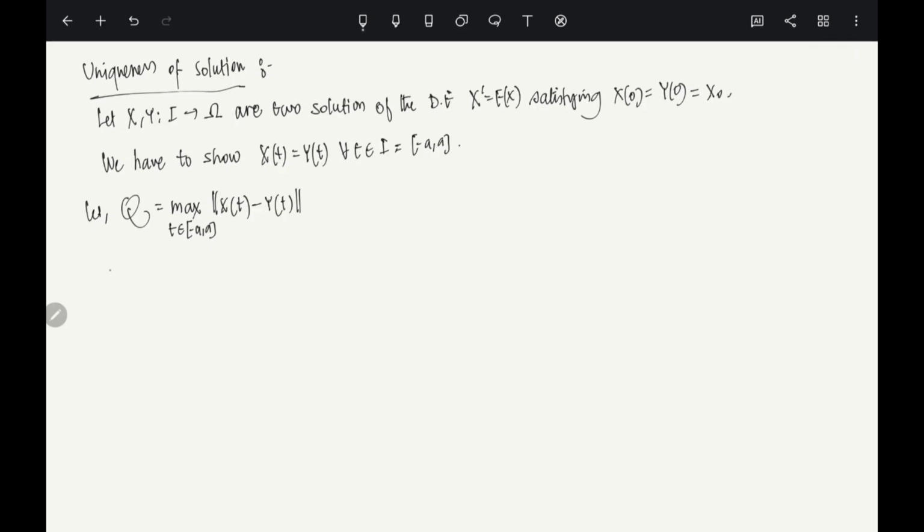Now this maximum, let me put it this way. Let's say that this maximum is attained somewhere at the point t1. So t1 is in minus a to a. Okay, so therefore what is happening is this.